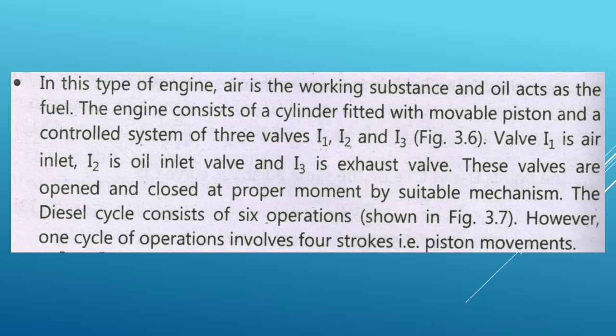The engine consists of a cylinder fitted with movable piston and controlled system of 3 valves I1, I2 and I3. Valve I1 is air inlet, I2 is oil inlet and I3 is exhaust valve. The diesel cycle consists of 6 operations and 1 cycle of operation involves 4 strokes.